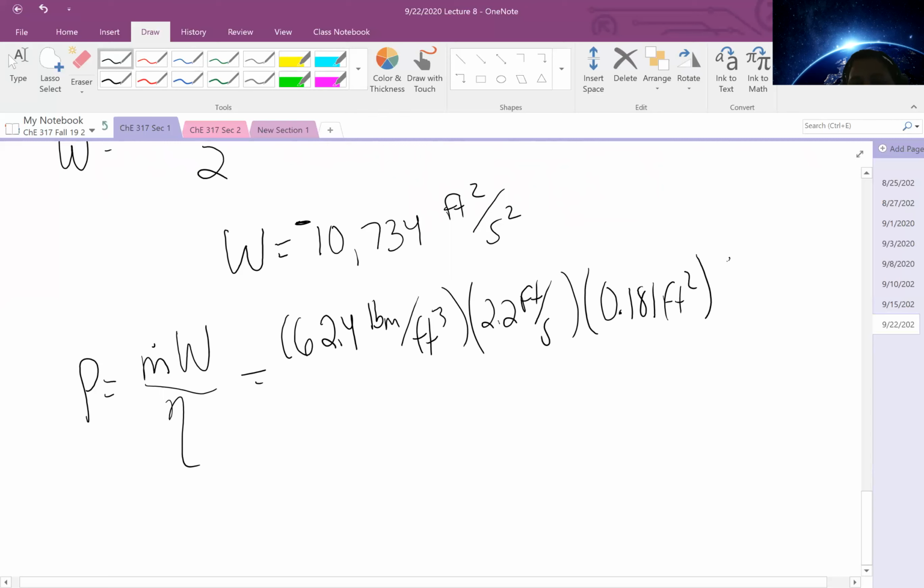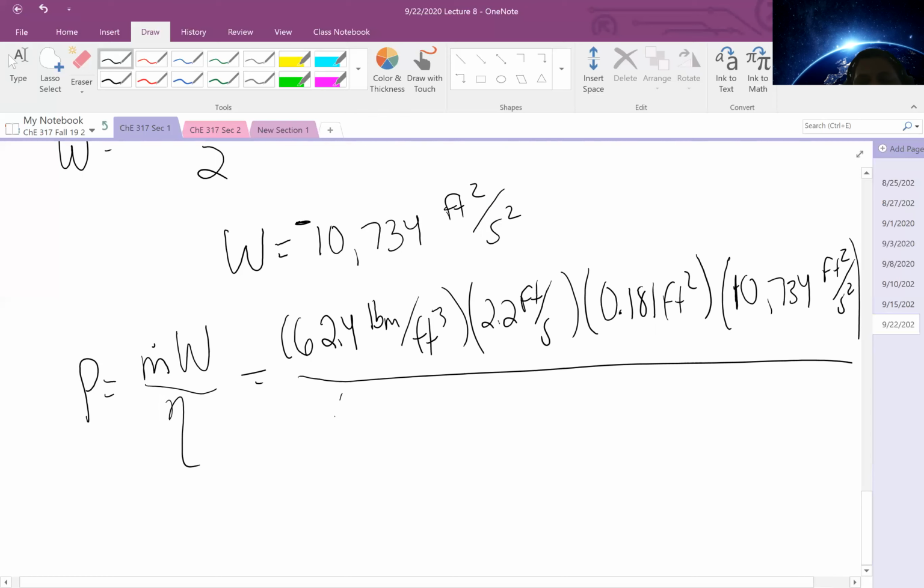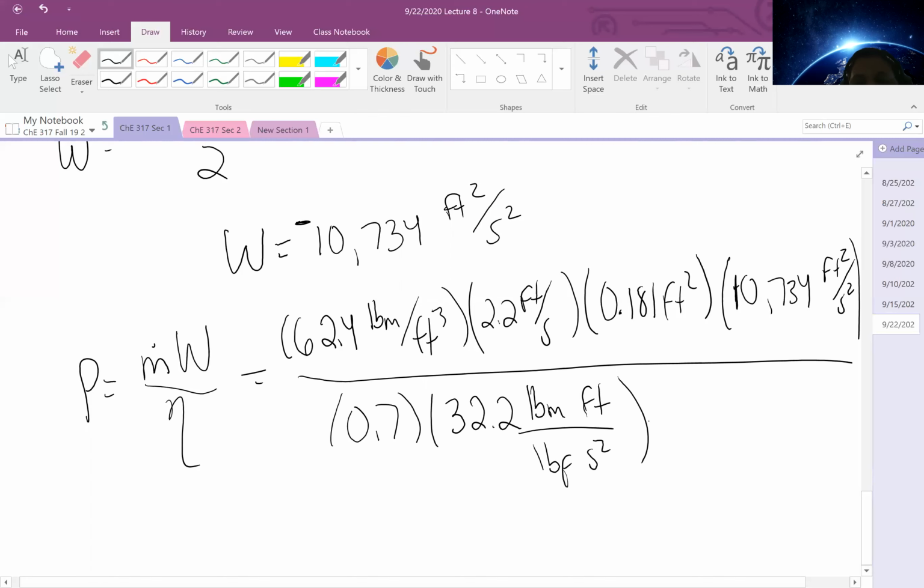I multiply that times my work, 10,734 feet squared per second squared. And I divide that by my efficiency, 0.7. I also have to divide by g sub c, pound mass feet per pound force second squared. That gives me foot pound force per second.